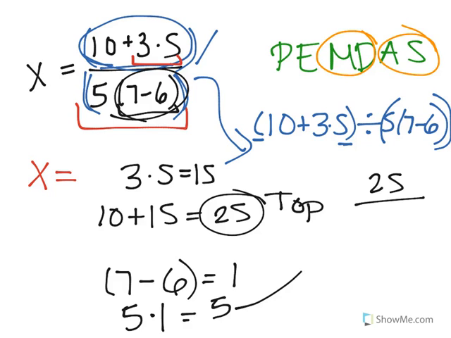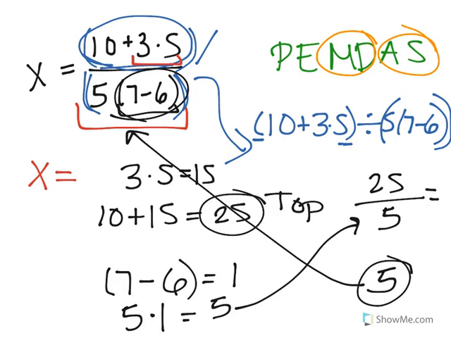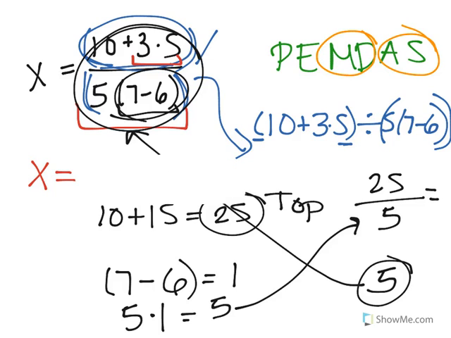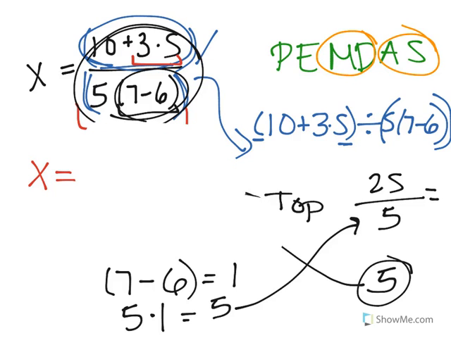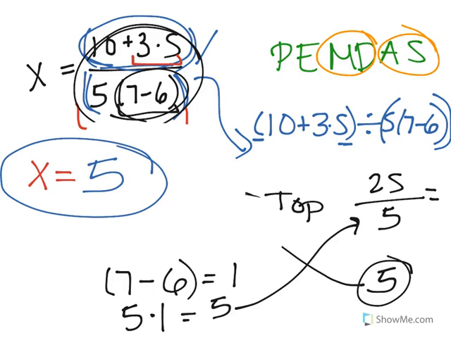So that is equal to whatever goes on the bottom. And if we divide 25 by 5, we find that the answer is 5. So we just replace this whole expression with a 5 right here, and we find that x is equal to 5. So x is a variable and we just found its value.